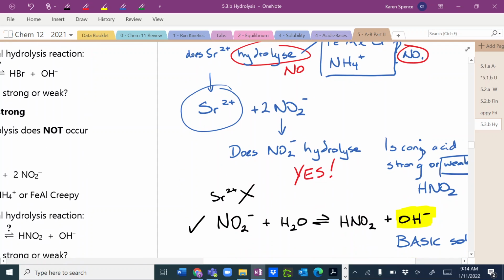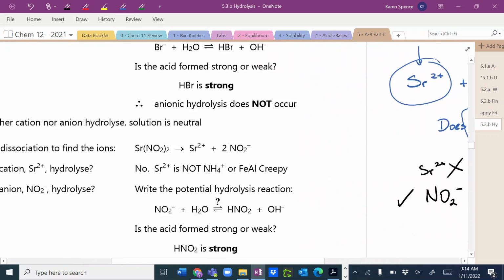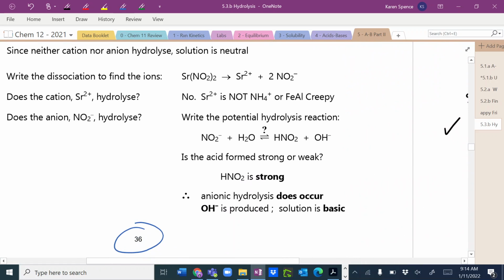Does NO2- hydrolyze? Yes, because it has a weak conjugate acid. But in the actual handout, it says HNO2 is strong. That's not right at all, so you can just change that to weak. Okay.